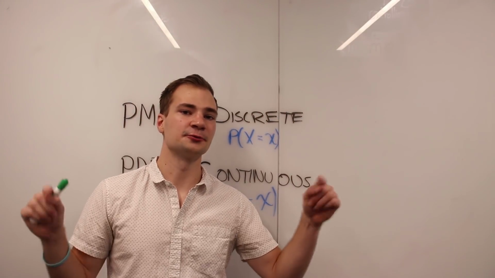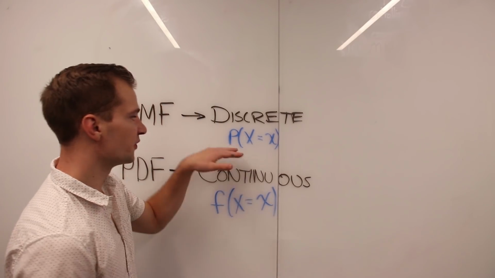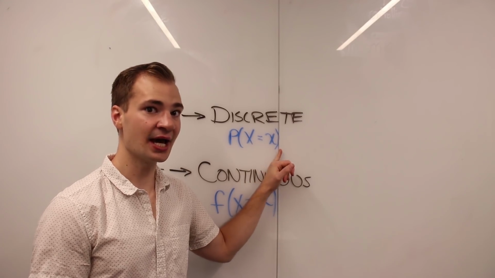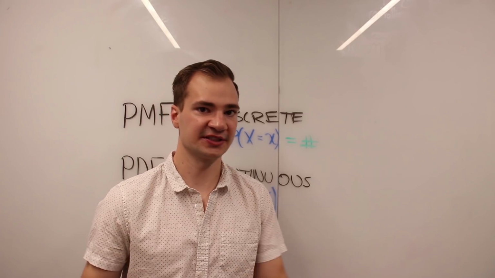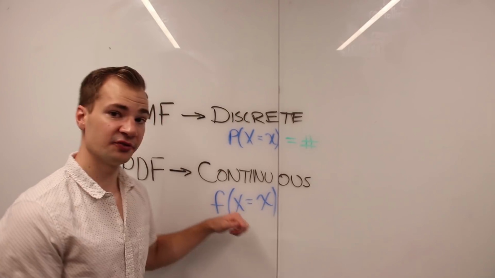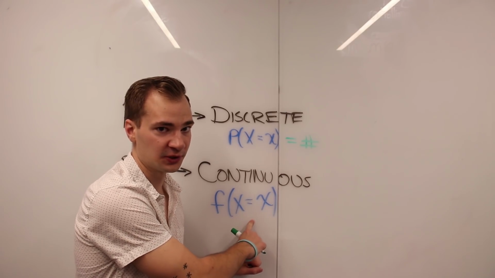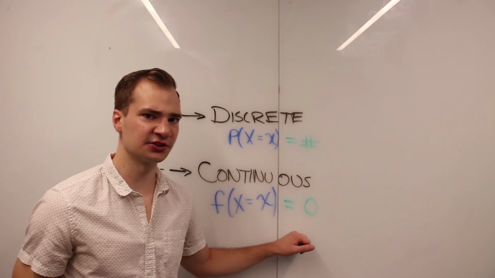Okay, there actually is one more thing yet, and this is again kind of technical. The probability of the random variable X being a realization x is equal to some number. If you roll a die, you have a 1/6 chance of rolling a 1. But for a continuous distribution, the probability of the random variable being a realization at that specific number is actually 0.